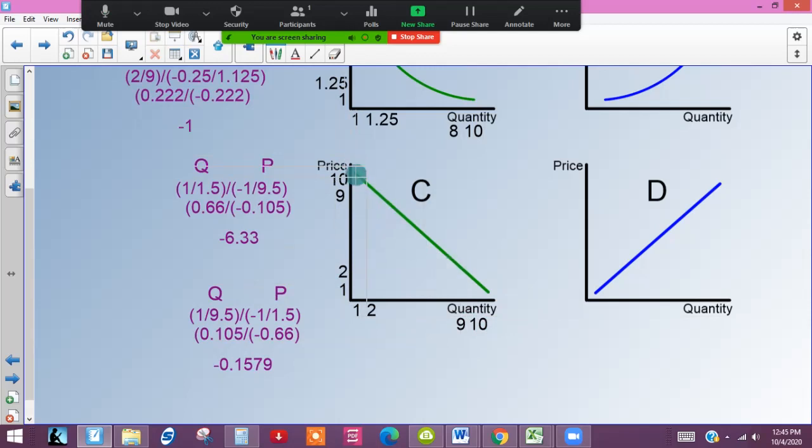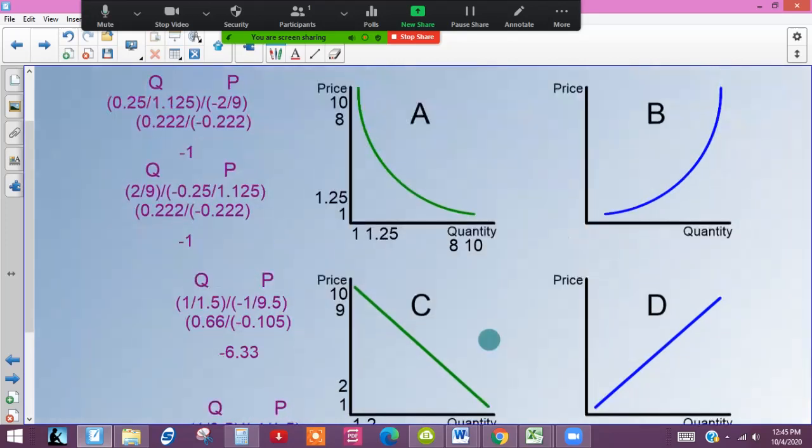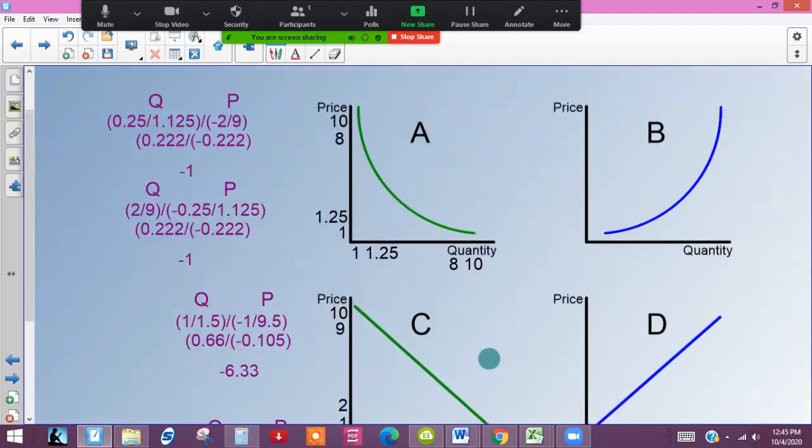Very, very elastic, more unit elastic, closer to one, and then right down here it's going to be very, very inelastic. So when we look at a curve that is very close to unit elastic, and I just put some numbers in here, just so we can see what it would look like, assuming that we have a price elasticity of one all along here.